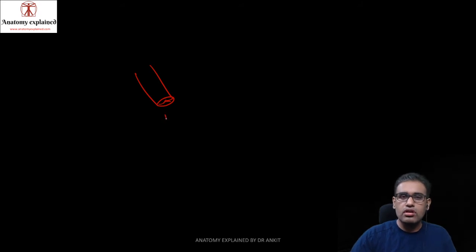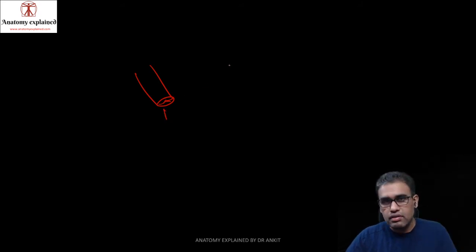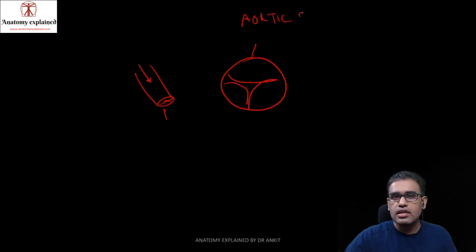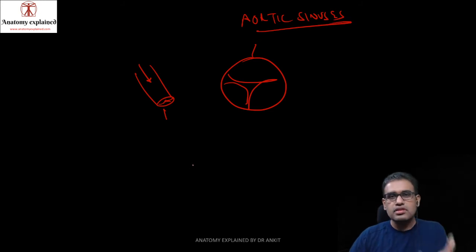If you look from above, these semilunar cusps will form the three aortic sinuses. If you are looking in this direction, they are going to form the aortic sinuses. These cusps, or the walls, form cup-like depressions on the distal side.